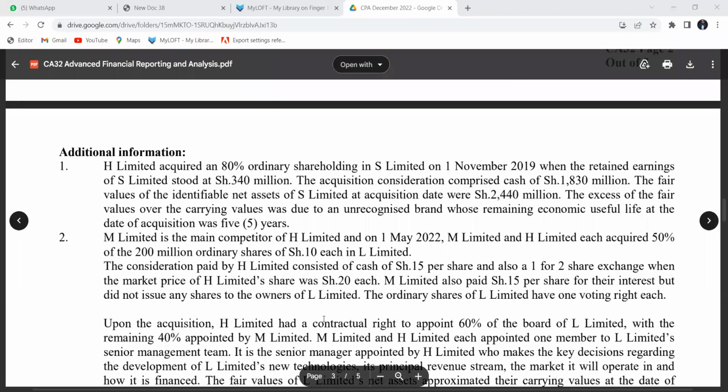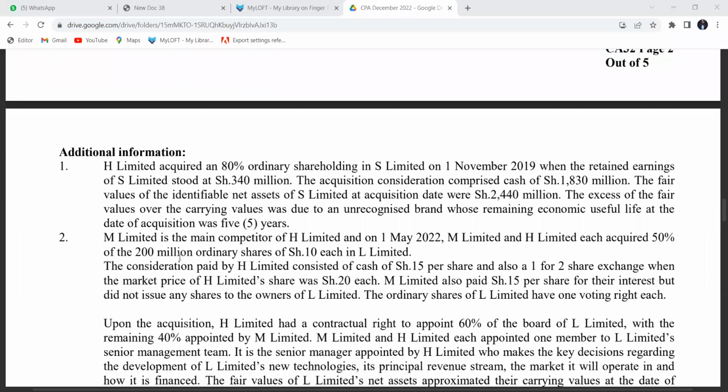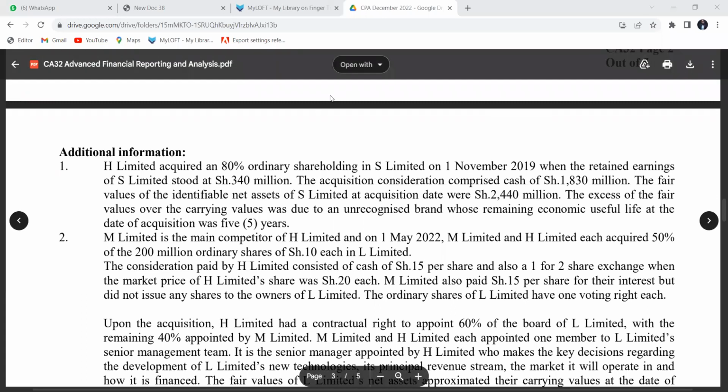Then in the additional information number 2, what they said is that M is the main competitor. There is a company called M, which is a competitor of H. On 1st May 2022, M and H each acquired 50% of the 200 million ordinary shares of shillings 10 each in L. So they both acquired what?